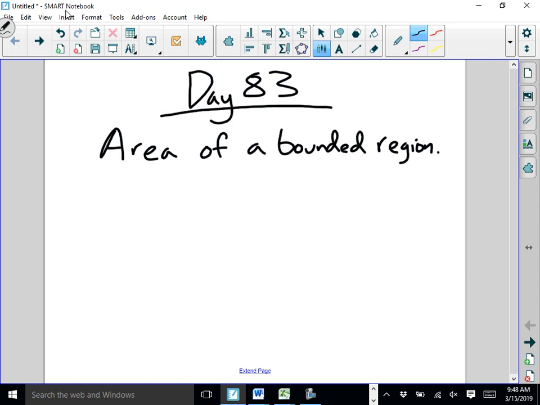Okay, so here's an XY axis, and I'm going to sketch two functions.